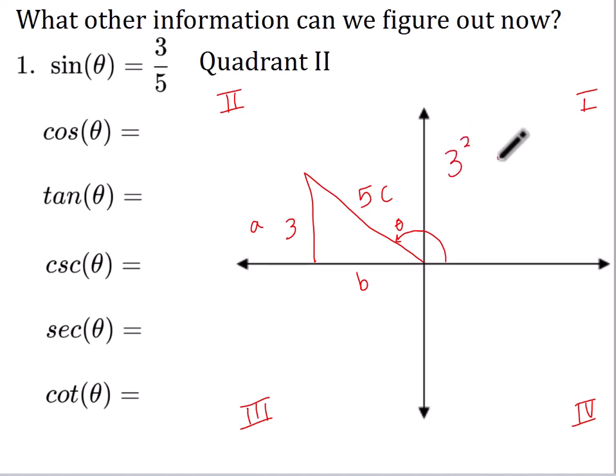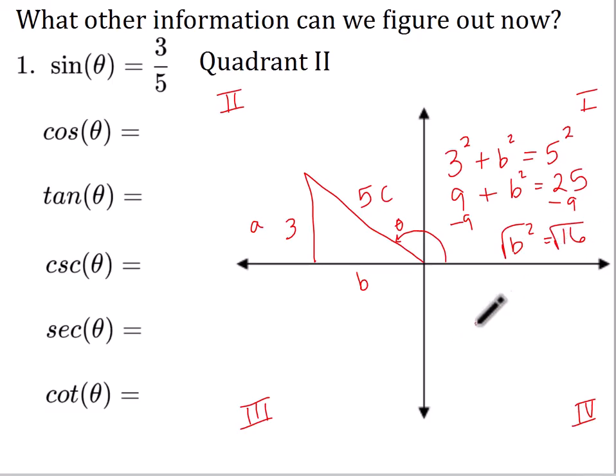So we have 3 squared plus b squared, or x, you could call this x, equals 5 squared. So I have 9 plus b squared is equal to 25. 25 minus 9, when we move this over, is 16. And so b is going to equal 4. Instead of b here, I'm going to call that 4.